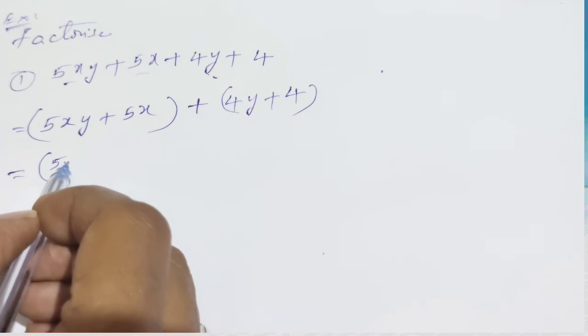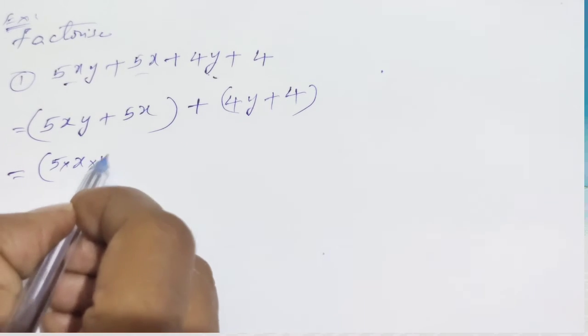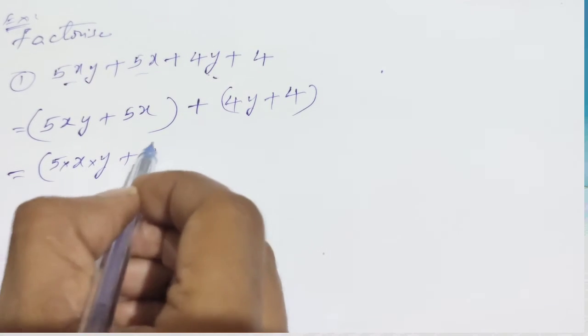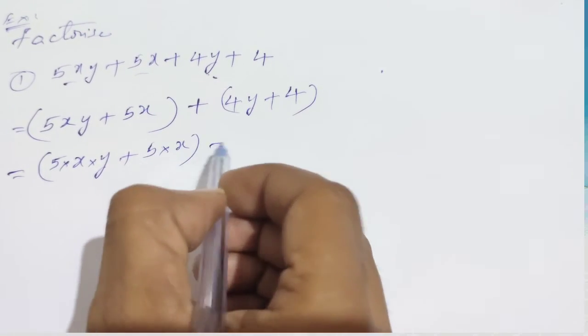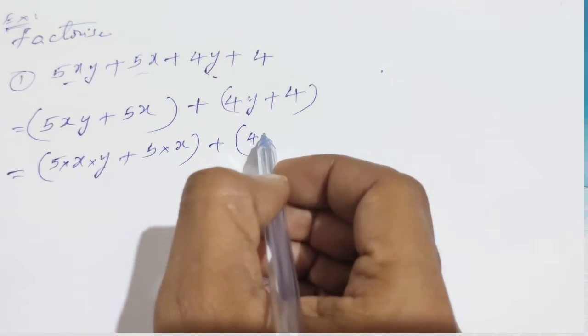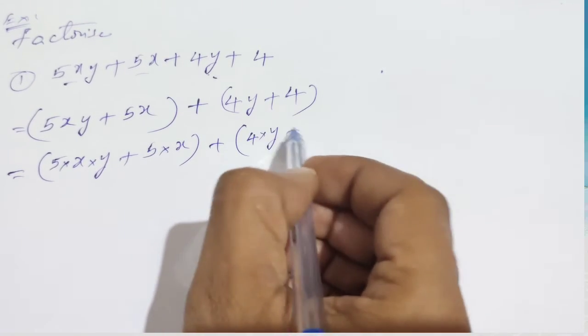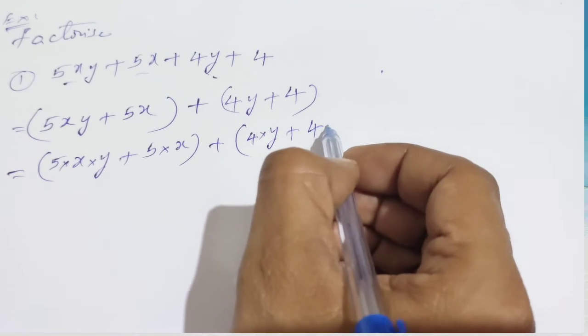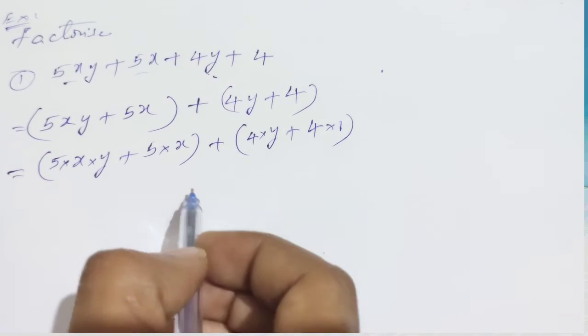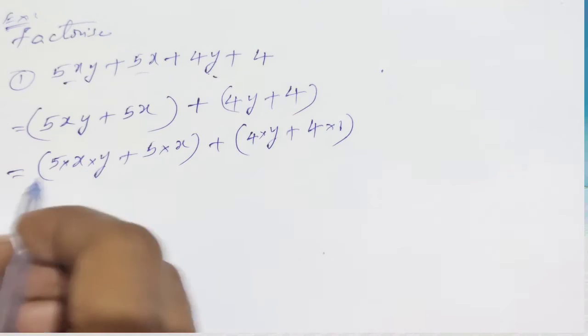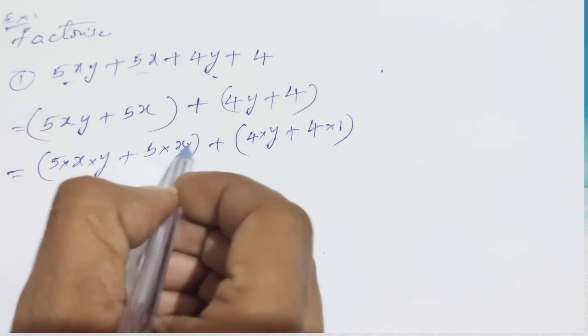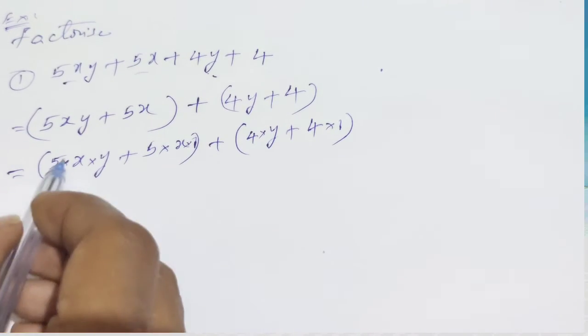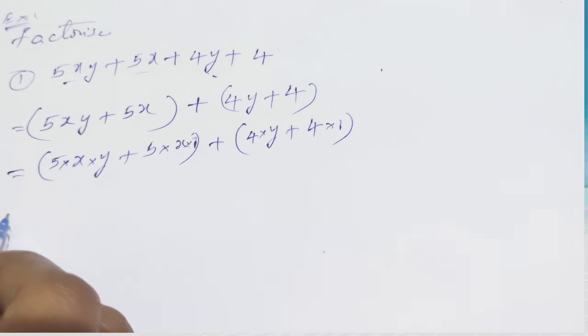Now again 5xy we can write as 5 into x into y, plus 5x into 1, and 4y we can write as 4 into y plus 4 into 1. Okay. Now here also we can write 5x into 1. Why? Because here 5x is a common factor in both.